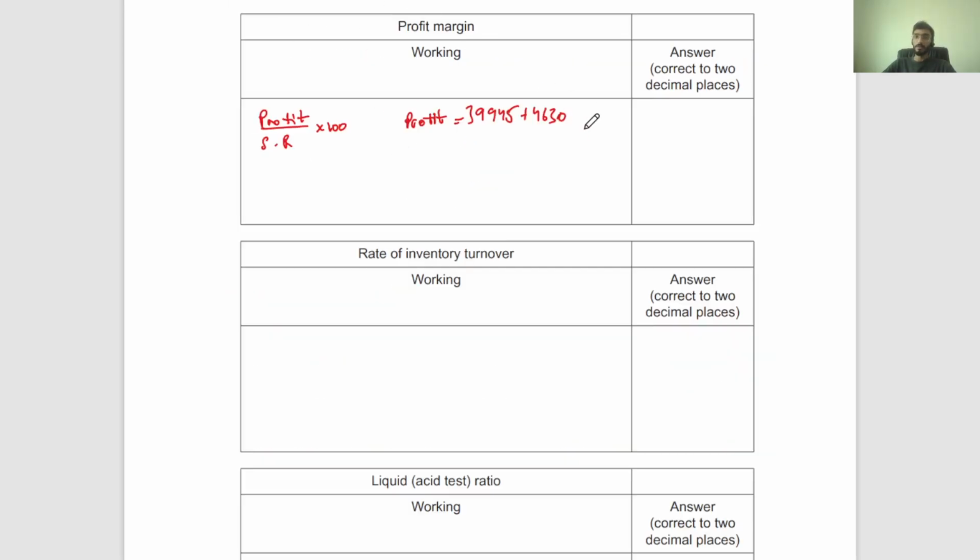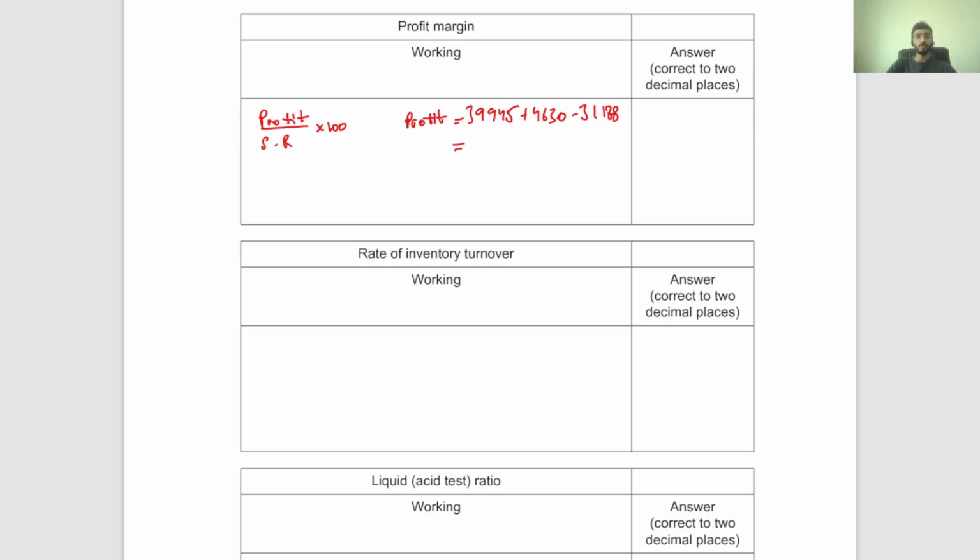31,188. Your concept of the income statement must be strong, so you know how profit calculations work, how to find gross profit, and how from there to add the income, subtract expenses, and get to the profit as well. Your basics must be strong enough. 39,945 plus 4,630 minus 31,188.